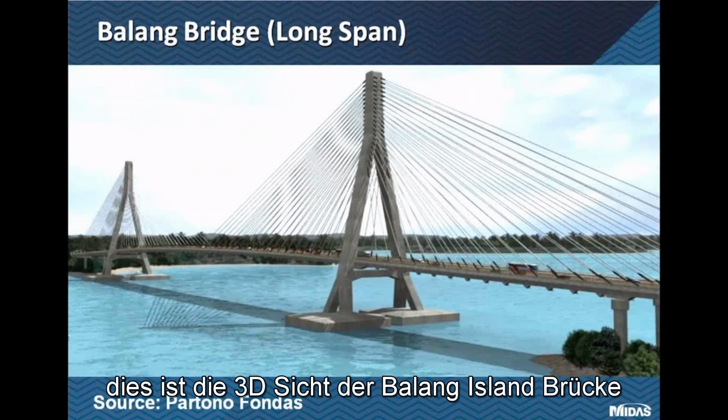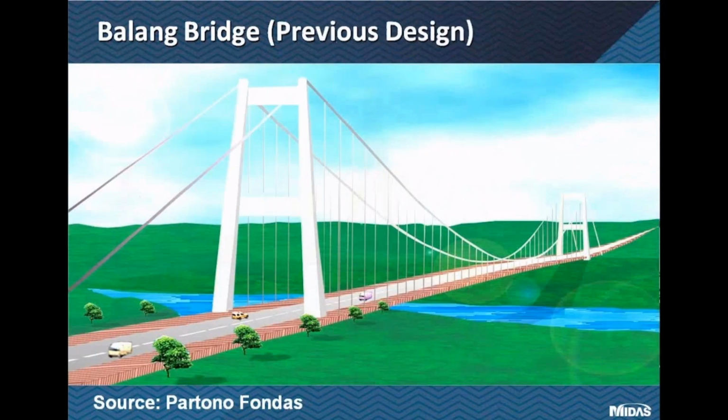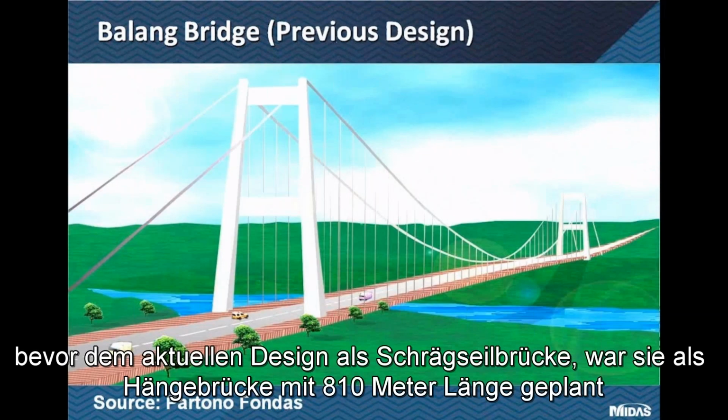This is the 3D view of Balang Island Bridge. Before the present design of the cable-stayed bridge, the Balang Island Bridge was in fact designed previously as a suspension bridge with an 810 meter span.